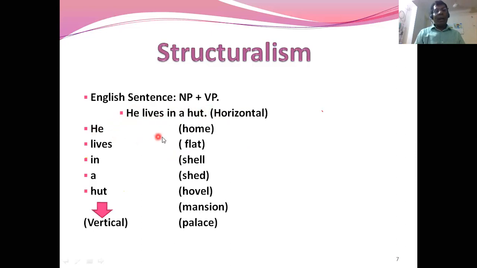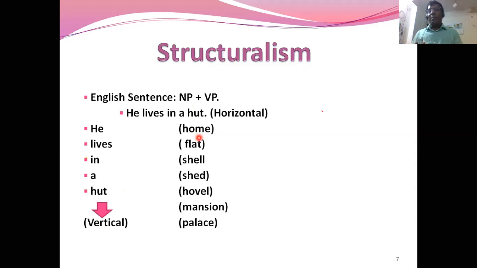Now if I write, he lives in a home. So this sentence has a different meaning, but look, it has the same structure. Only the hut is replaced by home, and the sentence is giving me a different meaning, and it is becoming a different sentence. He lives in a hut and he lives in a home. Both the sentences do not have the same meaning.